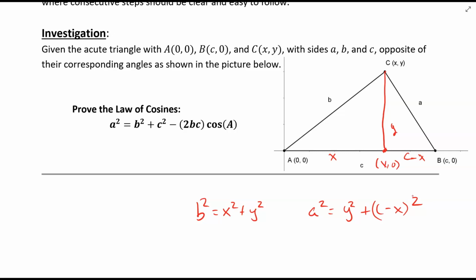Do you see something in common between these two equations? Y squared, right?